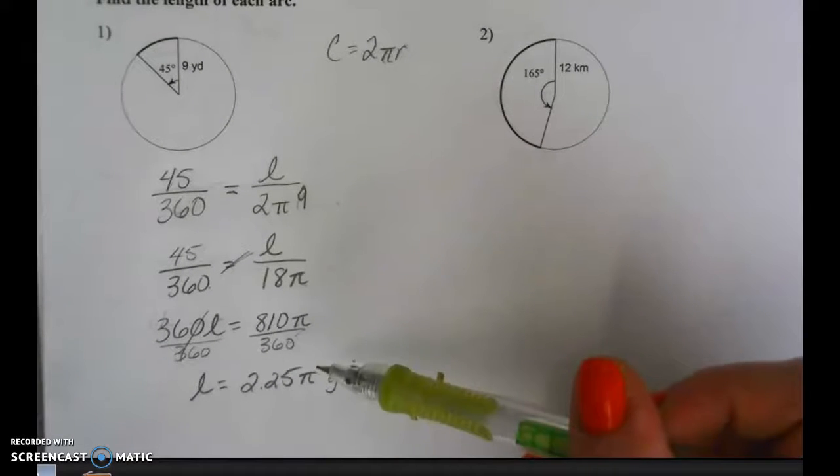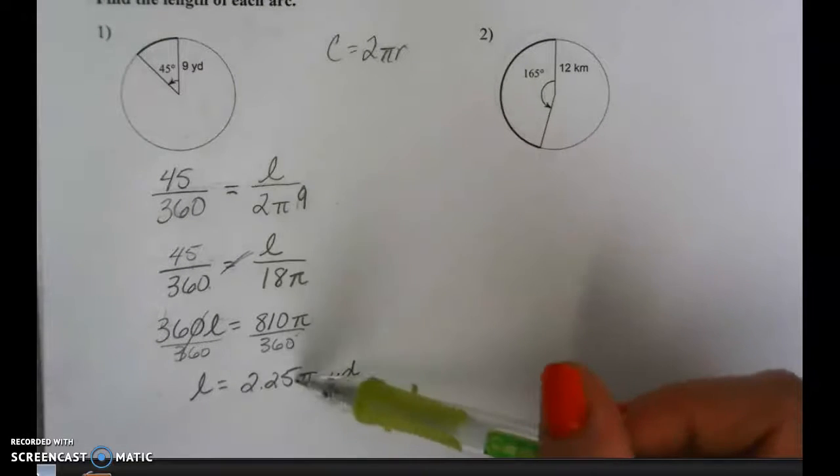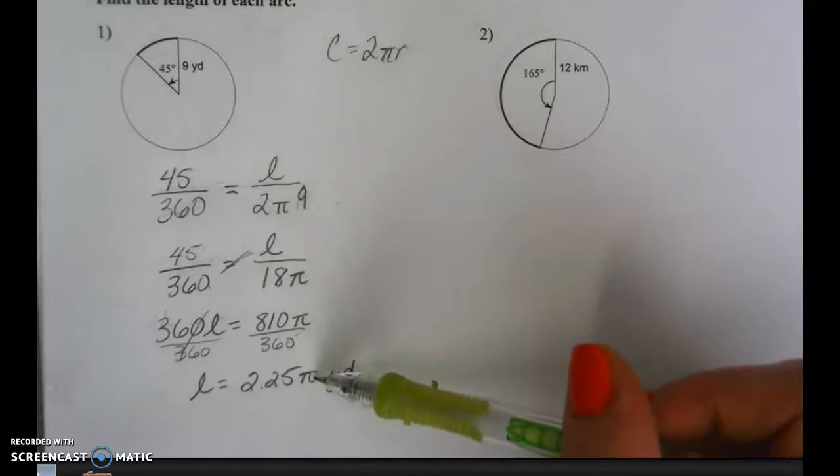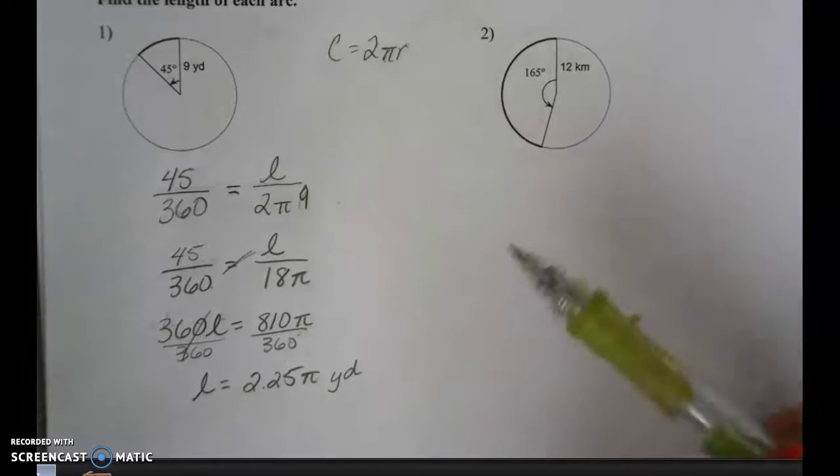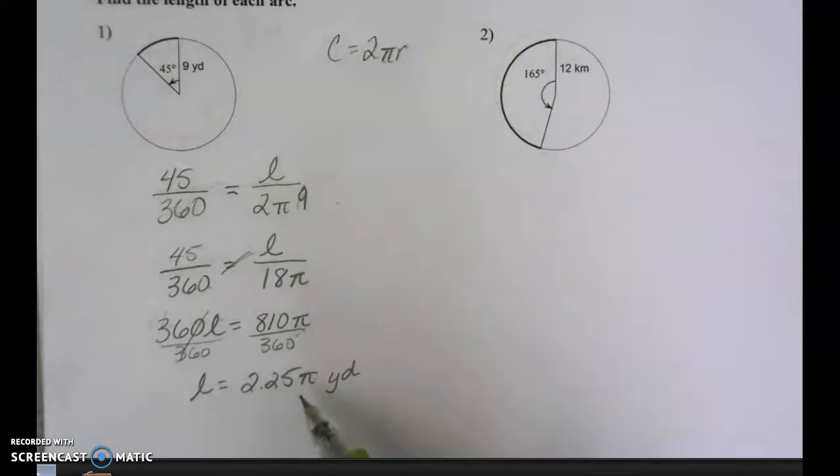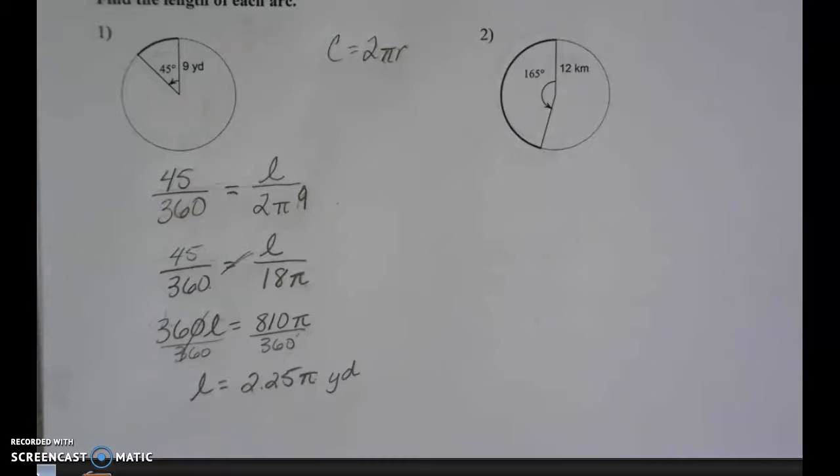But for this assignment, we're going to go ahead and convert it to decimal. I am going to use the pi button on my calculator. Pi is an irrational number, meaning that it is a lot of non-repeating decimals, so I don't want to round it off until the very end. So I'm going to do 2.25 times pi.